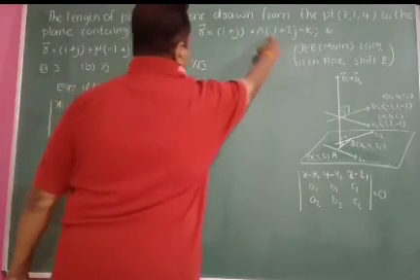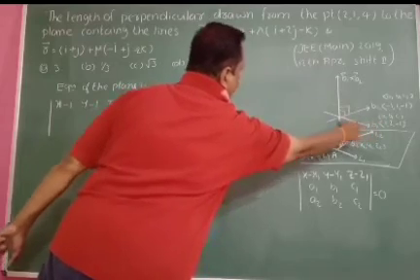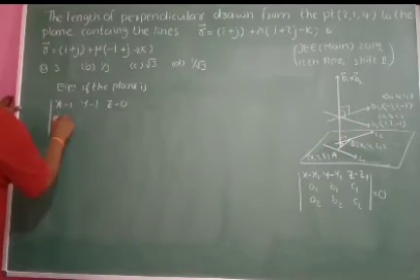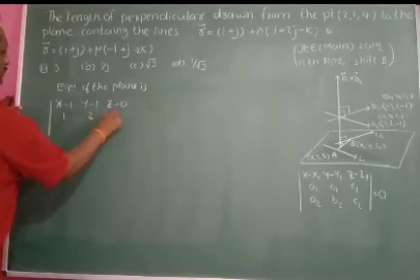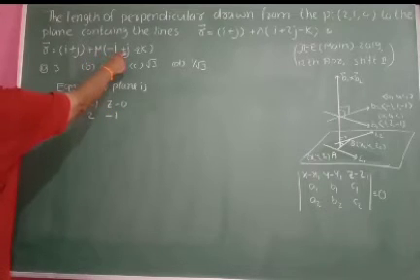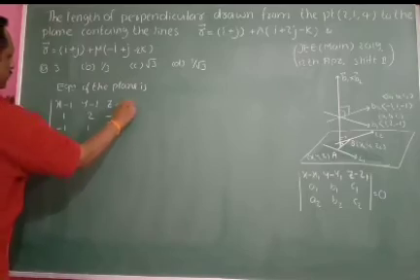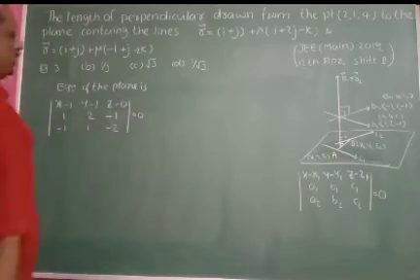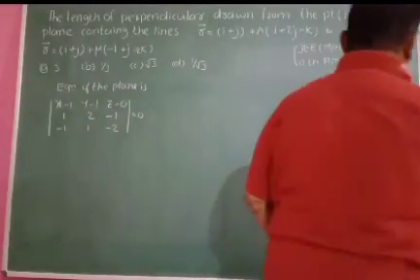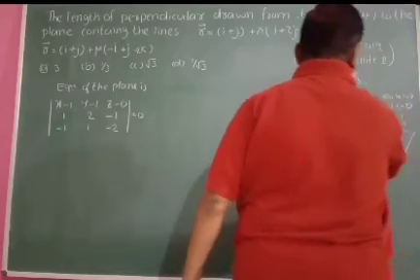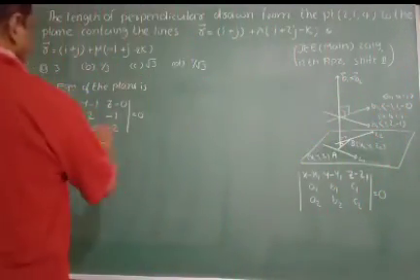Then the direction ratios 1, 2, minus 1 of the first vector, and minus 1, 1, minus 2, the direction ratios of the second vector, equal to 0.